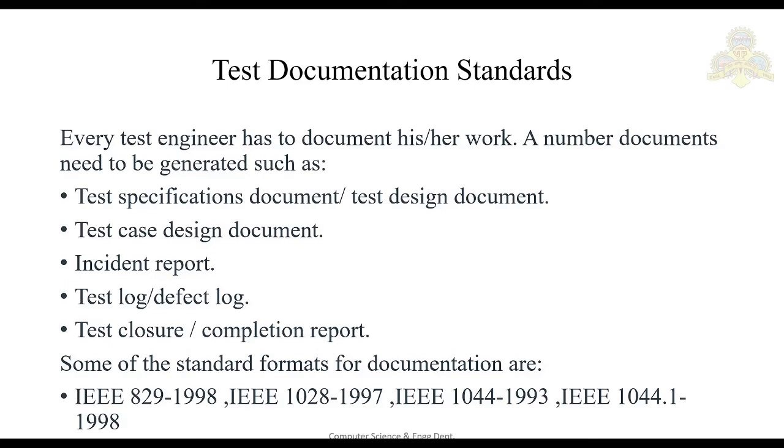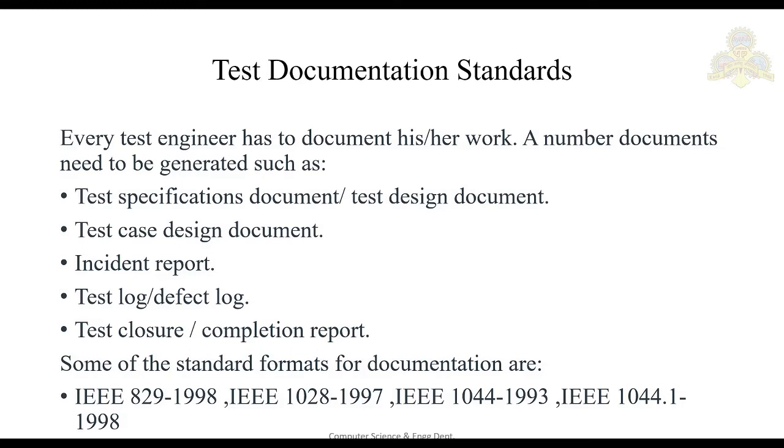Again, how he or she has to maintain the documents is not arbitrary. They cannot write anything in these documents, so it has to be according to some standard formats. Some standard formats are IEEE 829-1998, the standard for test documentation.